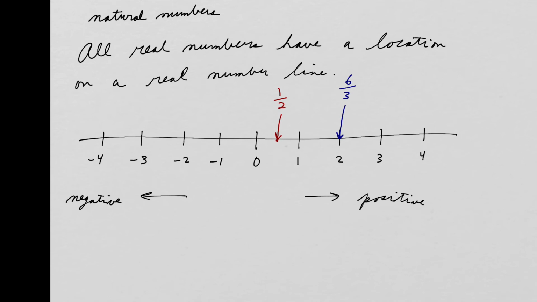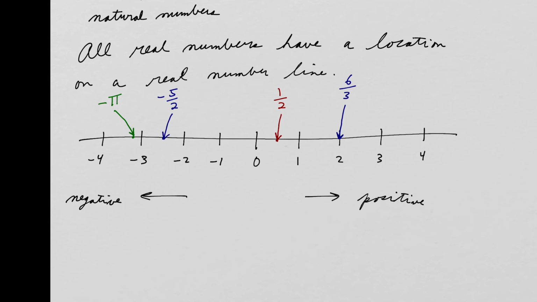Let's say -pi. Well, that's around -3.14. So that's going to have a home right here between -3 and -4. -5/2. Well, that's -2.5, right? So that's going to be right in between -2 and -3. That will have a home right there.